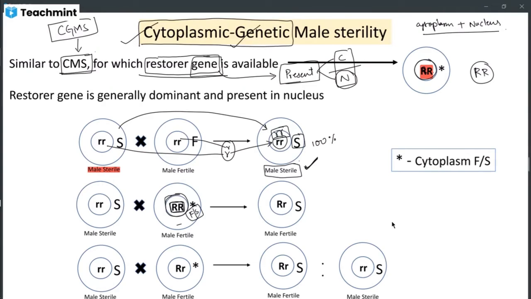If the restorer gene condition in the nucleus is homozygous dominant, and the cytoplasm might be in either case, fertile or sterile, ultimately the plant will be male fertile. Okay, did you understand this point?